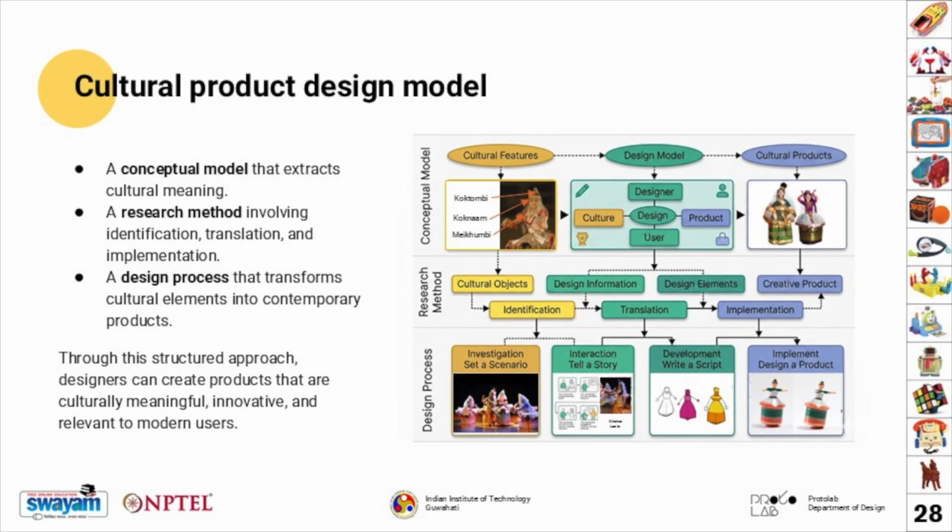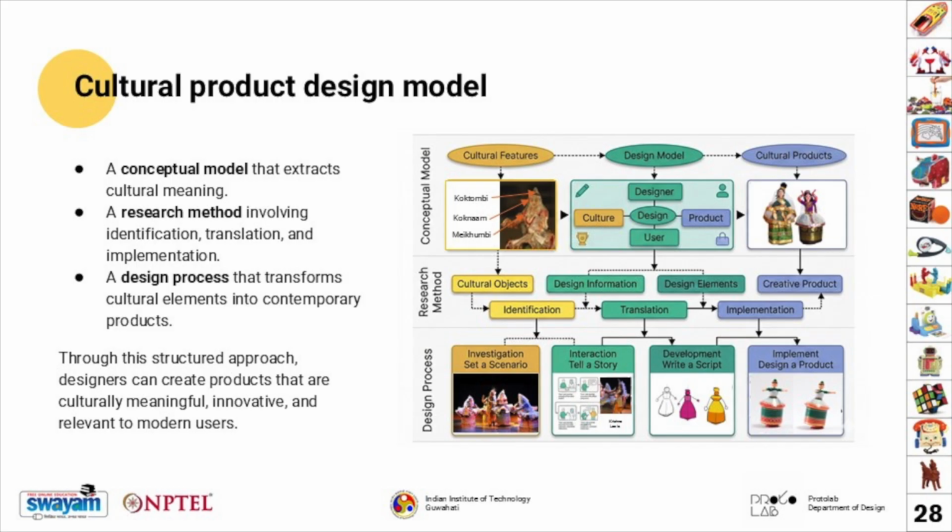These features may include visual elements such as patterns, colors, motifs, functional characteristics, symbolic meanings, and stories and values. The conceptual model then guides designers to transfer these extracted cultural features into a structured design model. In other words, it bridges the gap between the cultural heritage and contemporary toy development.